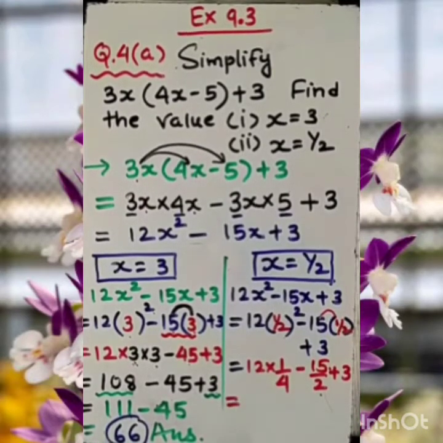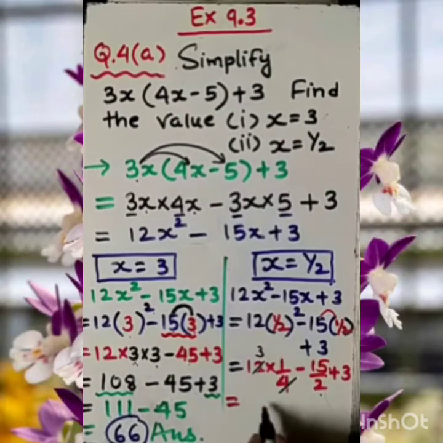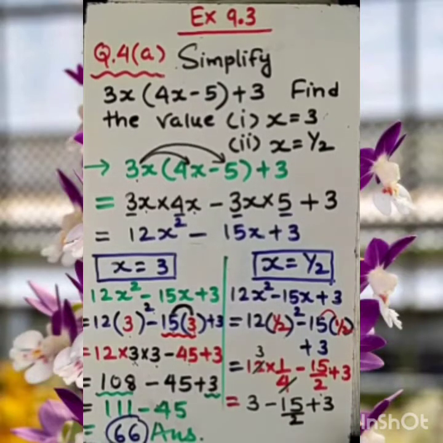Now let's simplify. If I move out with this, then here it will be 3. So I will have 3 minus 15 plus 3 by 2 will be left. Again, 3 plus 3 gives 6, minus 15 by 2.